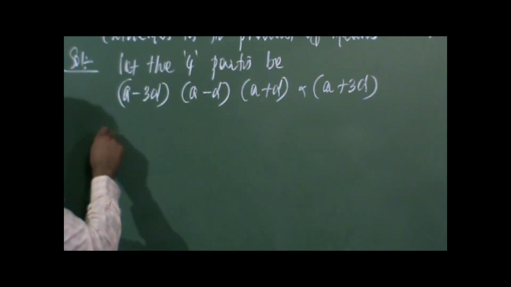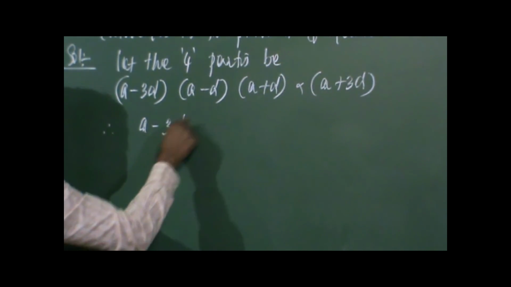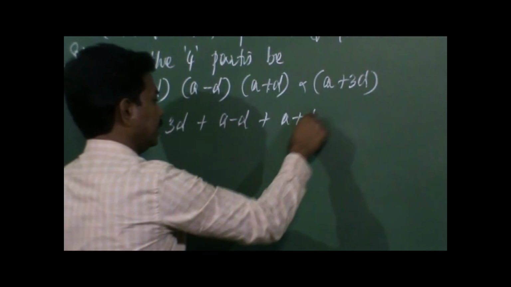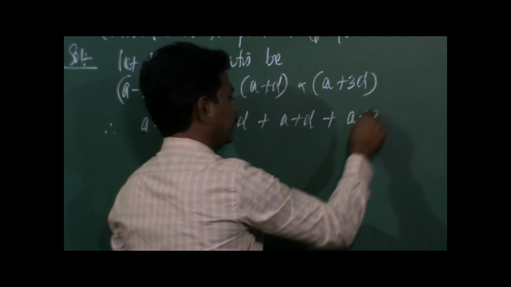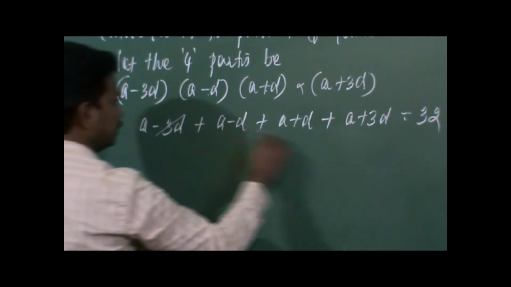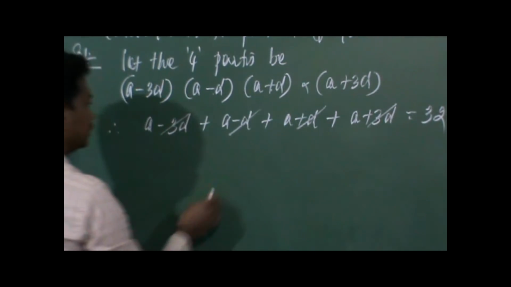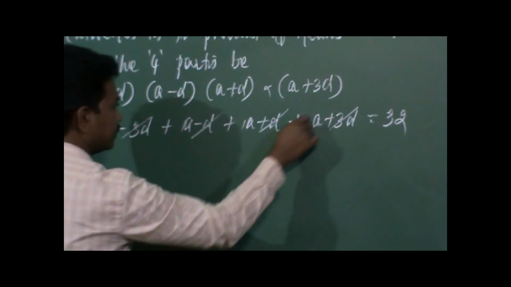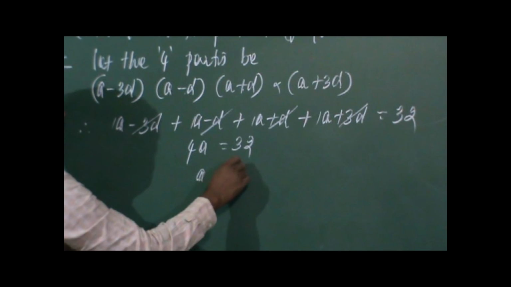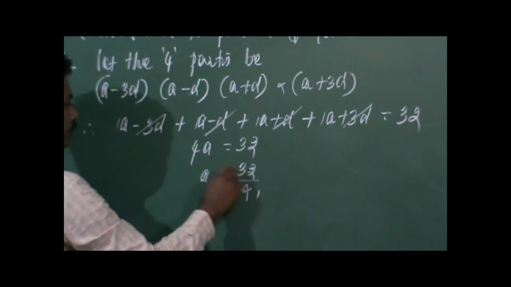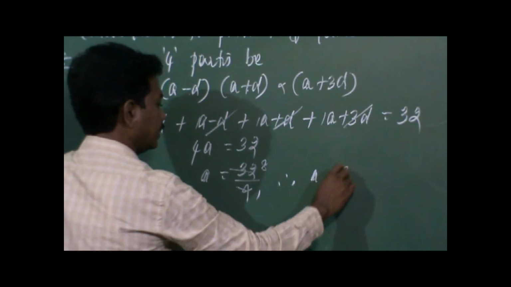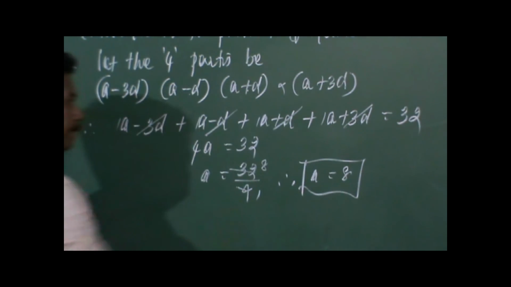So A minus 3D plus A minus D plus A plus D plus A plus 3D is equal to 32. Here minus 3D plus 3D cancels, and plus D minus D cancels. So A plus A plus A plus A is 4A, which is equal to 32. So A is equal to 32 by 4. 4 eights are 32, therefore A is equal to 8.